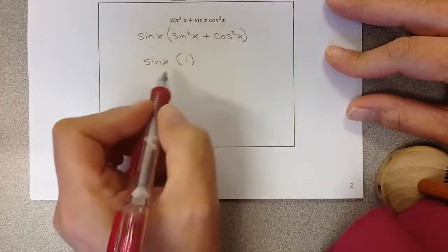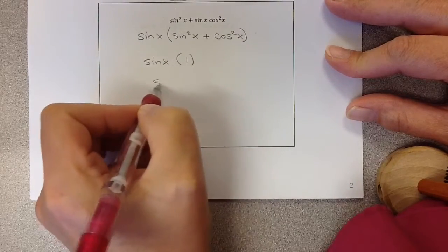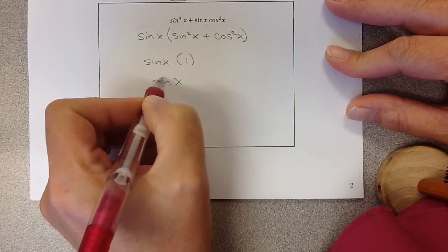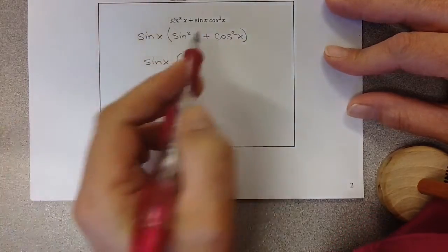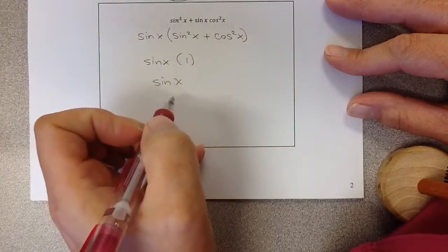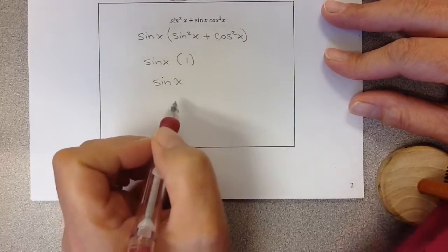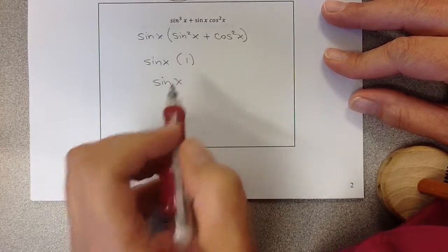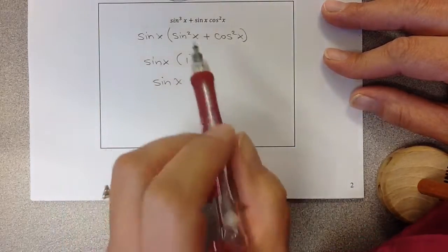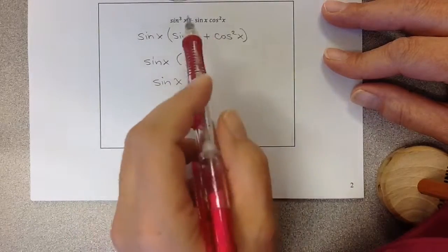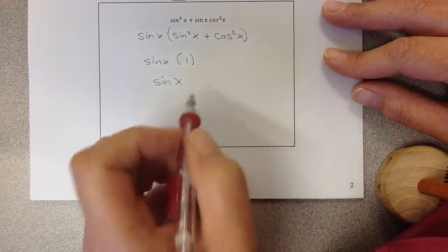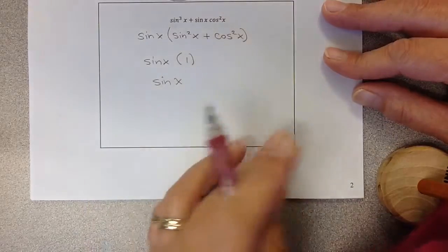So this is really a sine x times 1, which is just sine of x. That one looked a little more complicated, but it turns out to be quite easy. So we're looking for algebraic things to do, common factors. If you see the same thing in every term, that's a great way to start a problem, see where it leads.